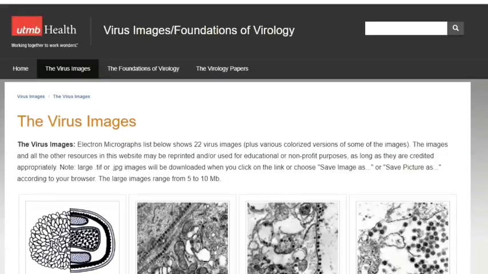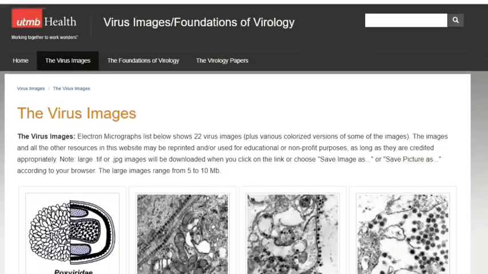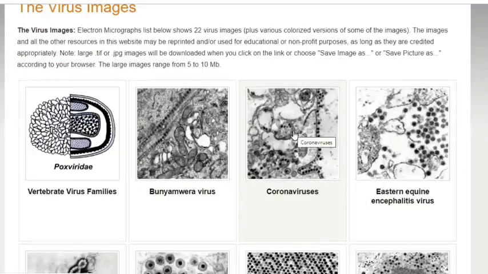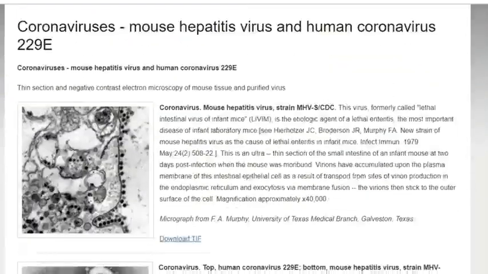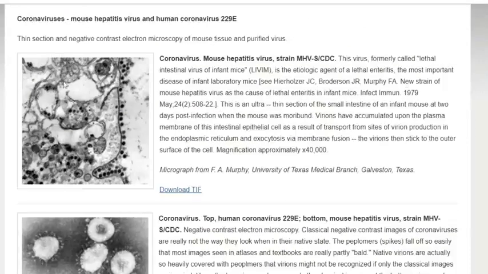Foundation of virology. Let's see some images of viruses. You cannot see those with a regular microscope, so this must be an electron microscope.